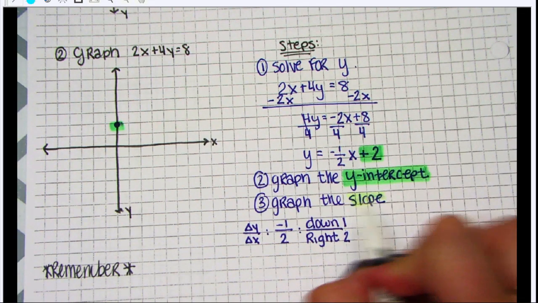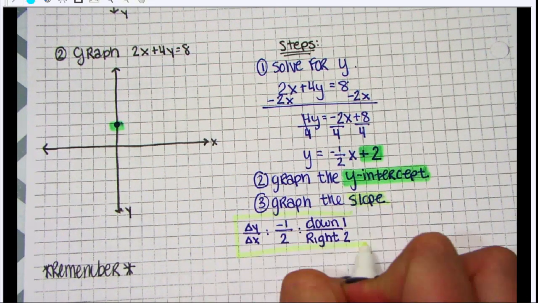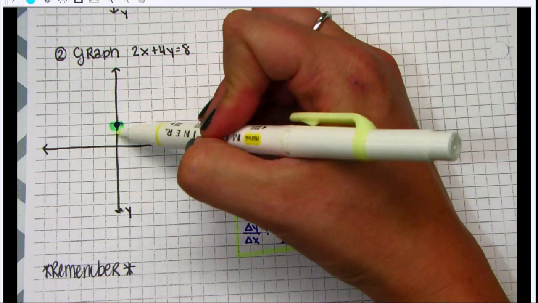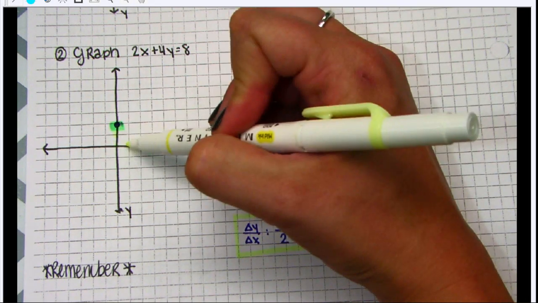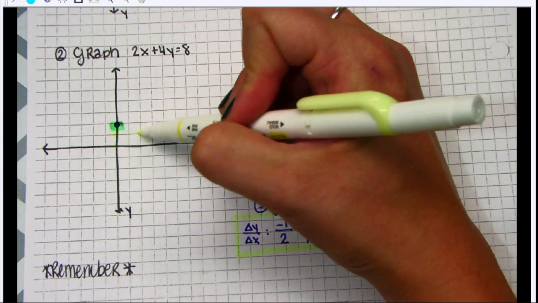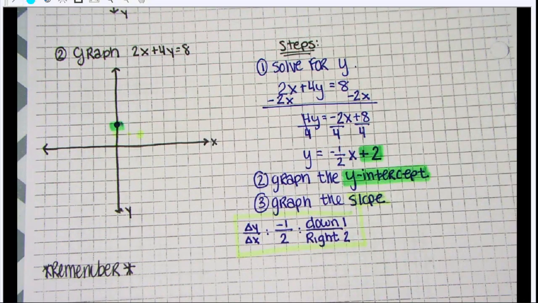So we're going to graph slope. This is our slope. From here, we go down 1, right 2. All right, we got our 2 points.